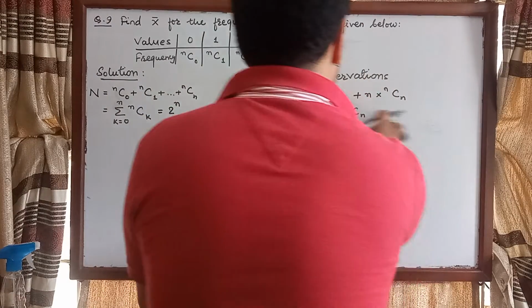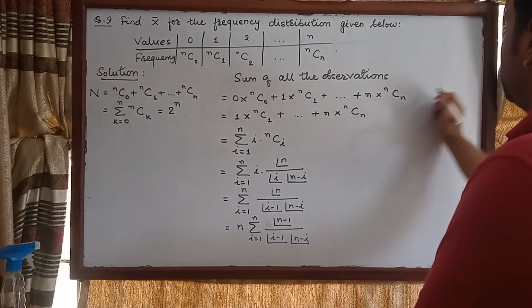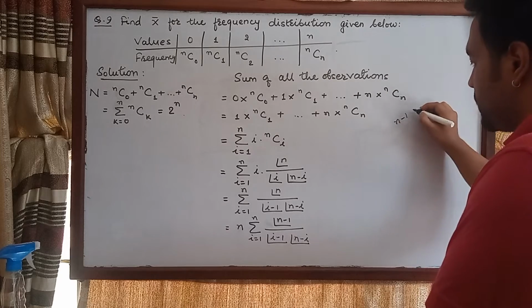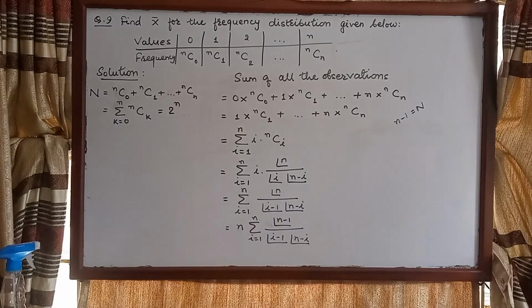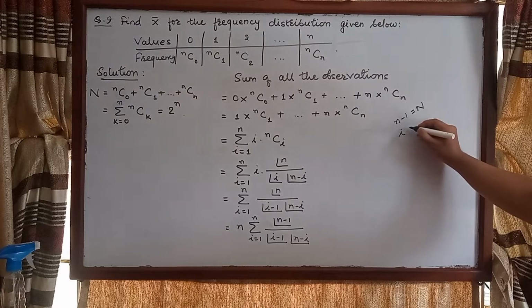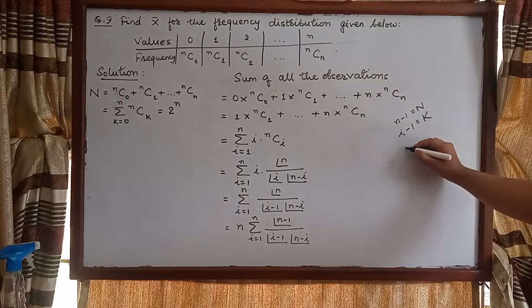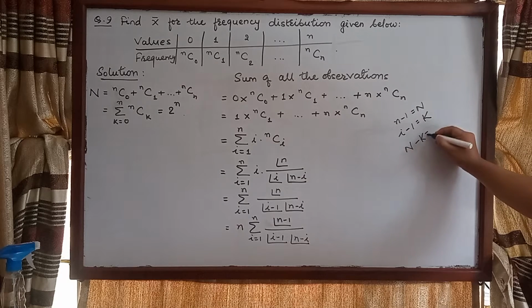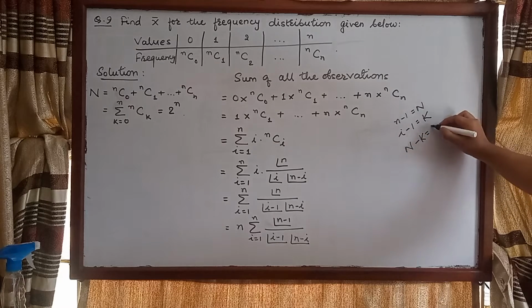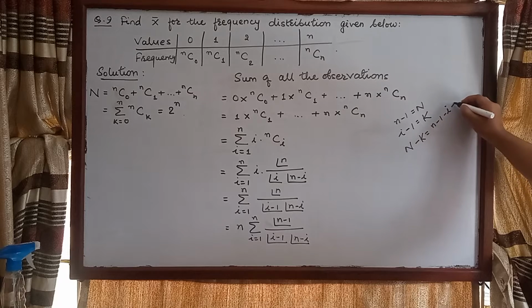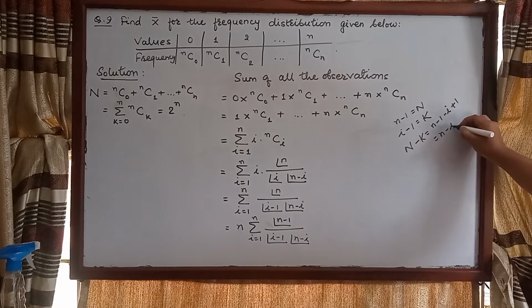Now let's see. If we take n minus 1 to be capital N and i minus 1 to be capital K, then N minus K is equal to n minus 1 minus i plus 1, which is equal to n minus i.